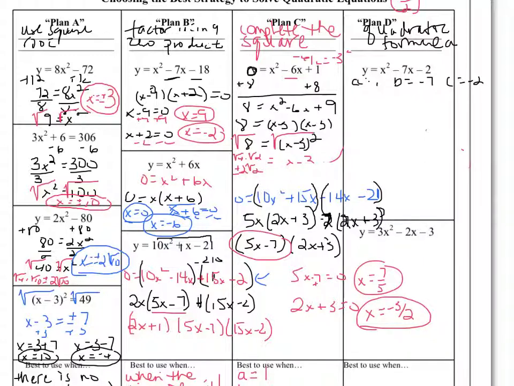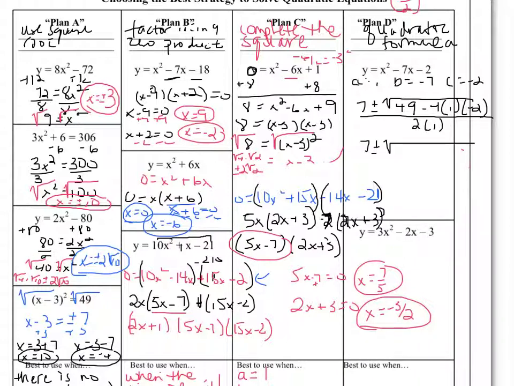So negative b would be 7 plus or minus b squared. Negative 7 times negative 7 is 49. Minus 4 times a times c, all over 2a, so 2 times 1. Simplifying in the next group, I have 7 plus or minus the square root.